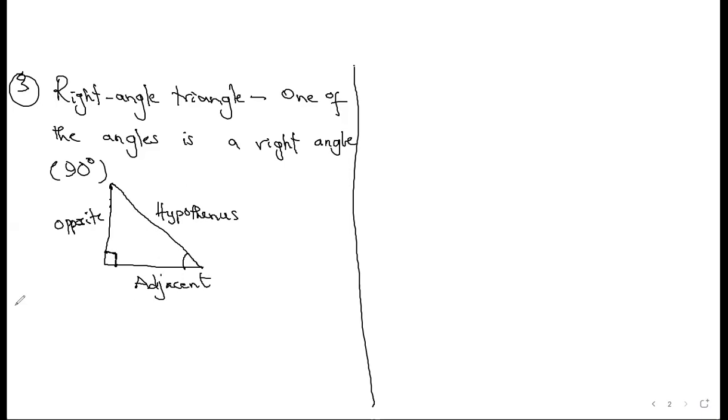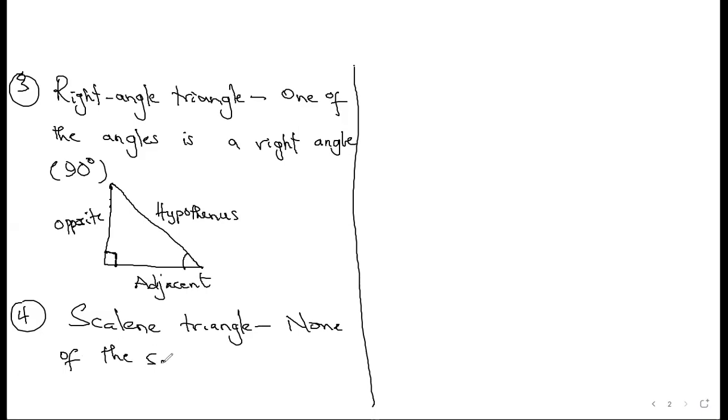Okay. So we also have another type of triangle, scalene. For scalene triangle, none of the sides or angles are equal.